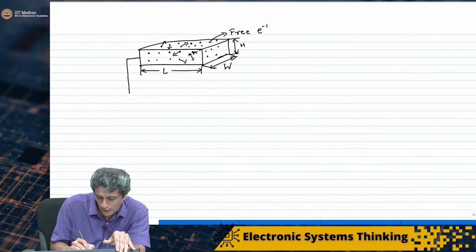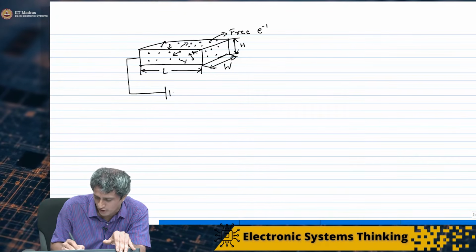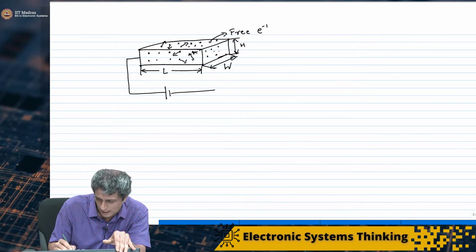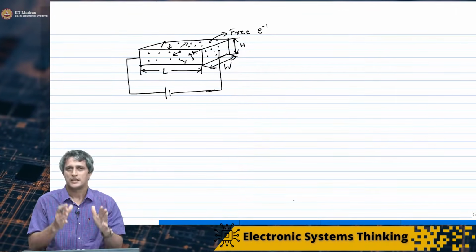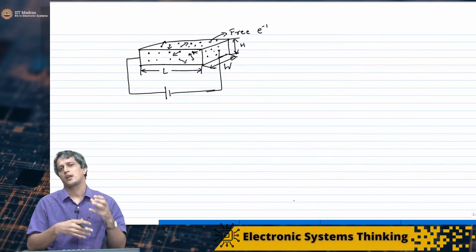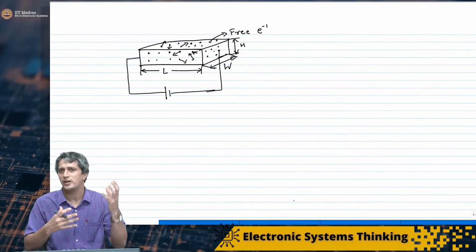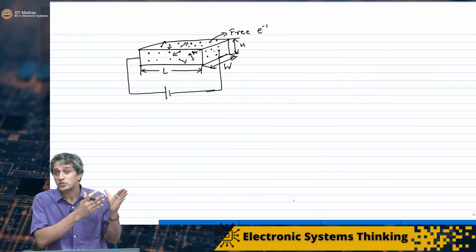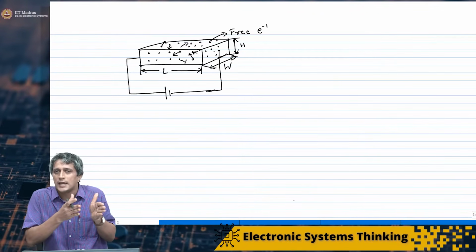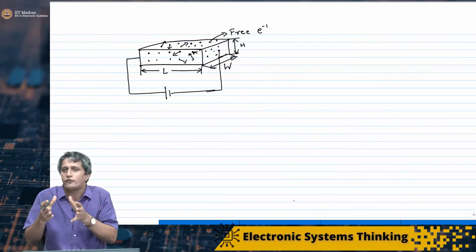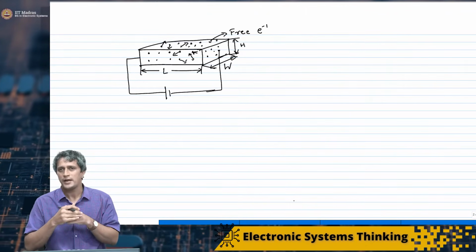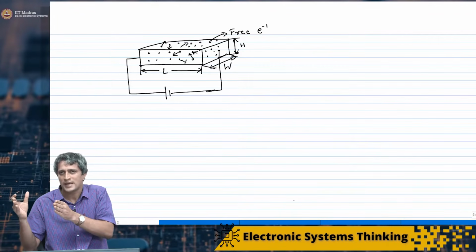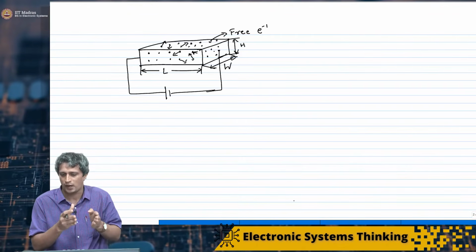Now when I apply a potential like this, these free electrons, which are moving in arbitrary directions, also start drifting in a direction opposite to that of the electric field.